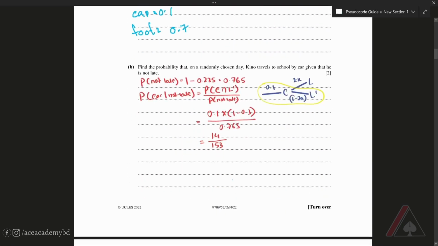And now we look at the next one, b. Now b tells us, find the probability that on a randomly chosen day, Kino travels to school by car, given that he is not late. Now how do we find out the probability that he is not late in total?